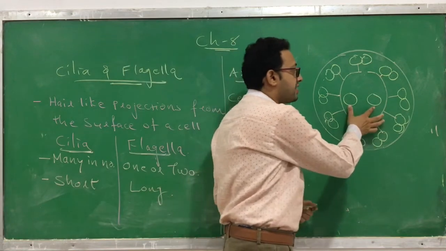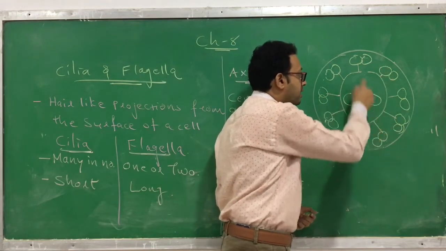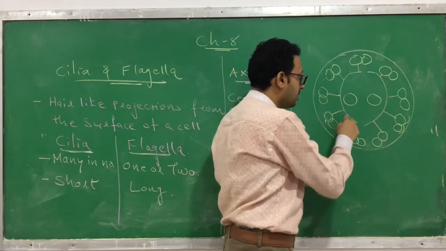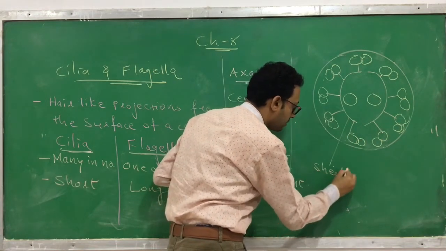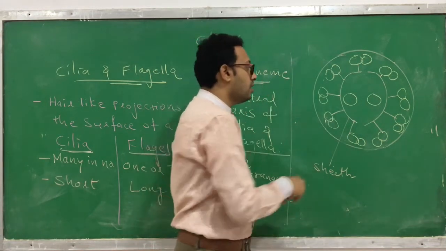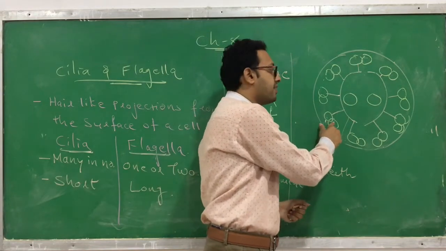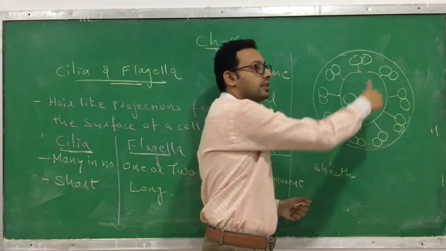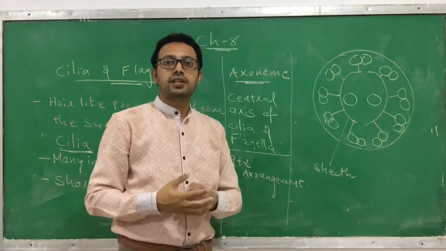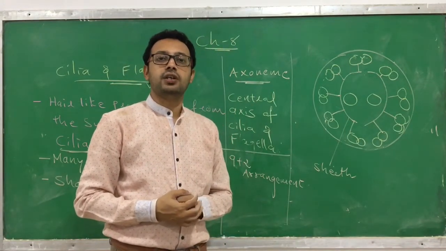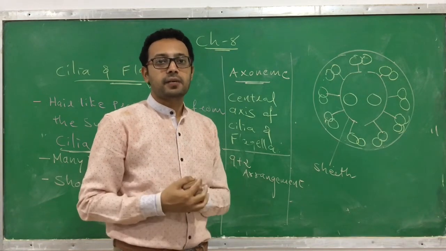The 2 filaments in the center are covered by a sheath, or covering in simple language. The doublets in the periphery attach radially to the sheath and form a spoke-like arrangement. This arrangement can be found in the structure of cilia and flagella.